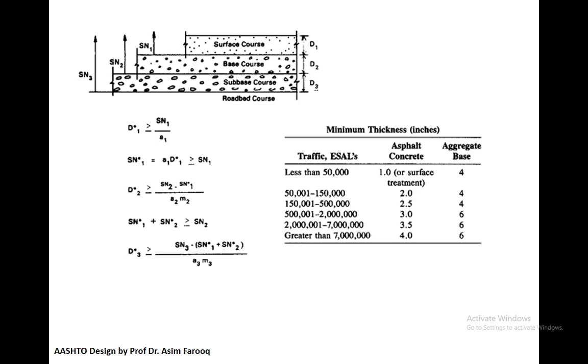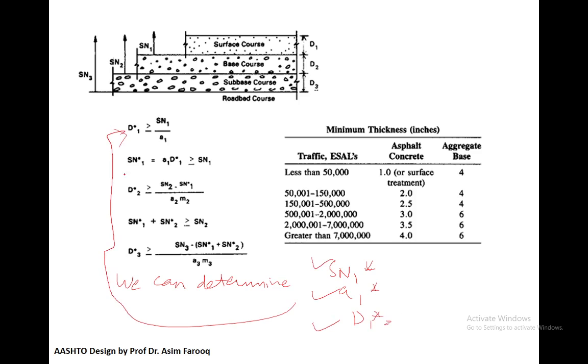As you can see here is just an example, just to give you a rough idea: if we have the aggregate base or the asphalt concrete, how much thickness is actually needed if we have the design or estimated traffic equivalent single axle load.